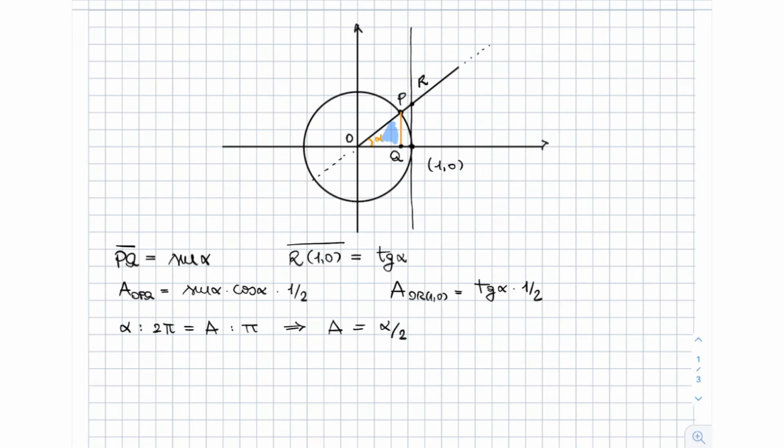Now, from the picture, we can see that the triangle OPQ has definitely area smaller than the angular sector, and the angular sector has area smaller than the triangle OR(1,0). Therefore, we get the inequalities sine of alpha times cosine of alpha times 1/2, smaller or equal than alpha divided by 2, smaller or equal than tangent of alpha times 1/2.